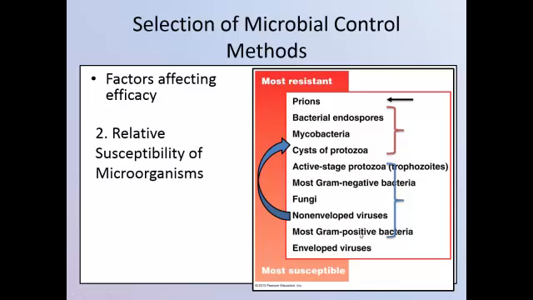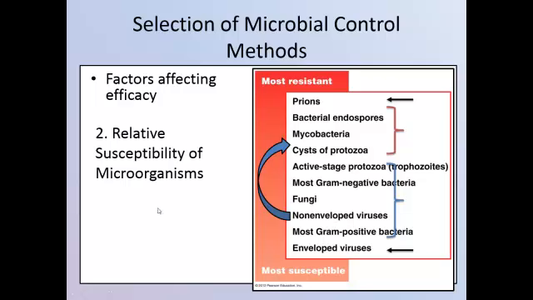So basically, I just remember this is everything except for the hard stuff, the impossible, and the really easy enveloped viruses, because they have a lipid membrane and they have receptors sticking out of that lipid membrane that they use to attach to host cells. Well, if you bust up that lipid membrane, the virus no longer has the receptors, it can't get into cells. You've inactivated it. So, this is how I want you to remember the resistance of microbes.